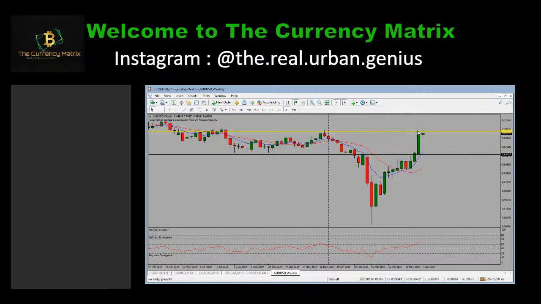So the weekly high has already been clipped. The weekly low and the open has not. So knowing that information right off the bat, I can tell that this week has to decline.